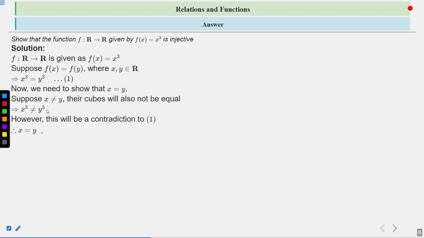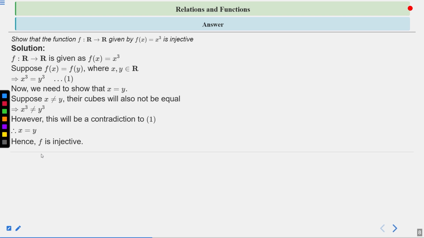So we can say that x will be equal to y. Our assumption was wrong. Got it? Hence the function f is injective or 1-1, right?